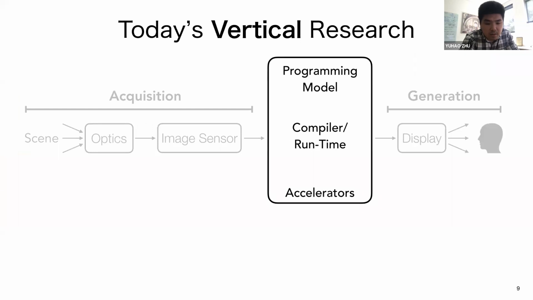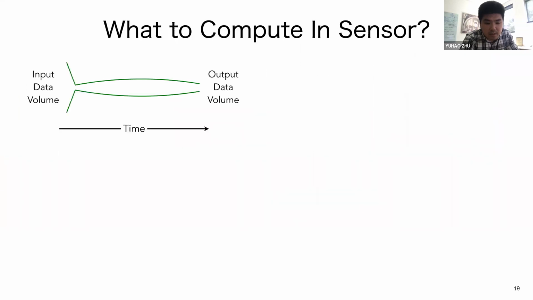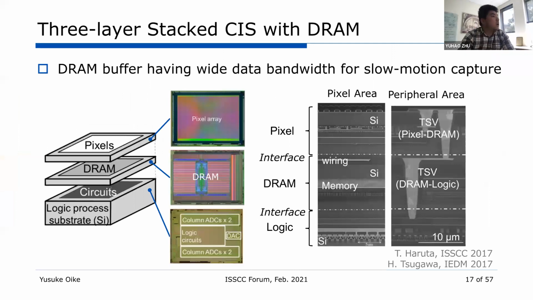So the question is, here, for this kind of in-sensor computing paradigm, we have DRAM in the sensor, right? And the computing is in the sensor, but not in the DRAM, right? Yeah, so this is not analog computing. It's not in-memory computing.